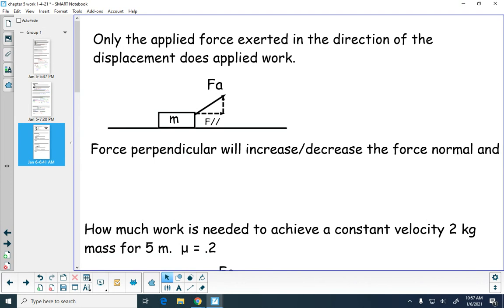So if we have a mass that we are pulling at an angle, we have a rope over our shoulder, and we are pulling this mass at an angle. Only the parallel force to the surface does the work.